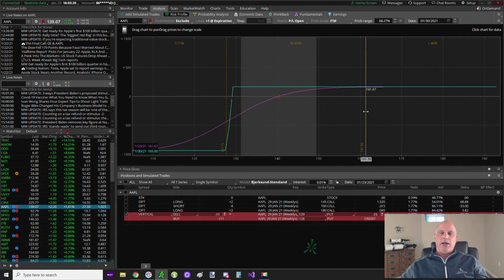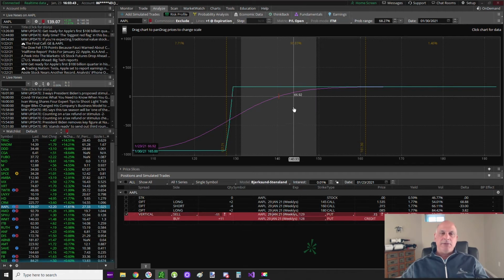Next week, most likely after earnings, you can collect up to 50% of that, because as a rule, we sell at a 50% profit. But if Apple really blows out the quarter and you're directional on this side, you have a chance of collecting more than 50% on this trade.